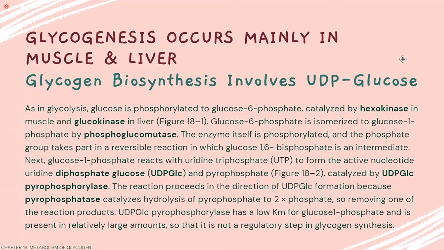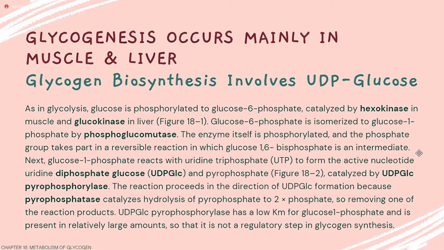Glycogenesis occurs mainly in the muscle and the liver. Glycogen biosynthesis involves UDP glucose. So now glucose is attached to a nucleotide. UDP is a nucleotide, uridine diphosphate.